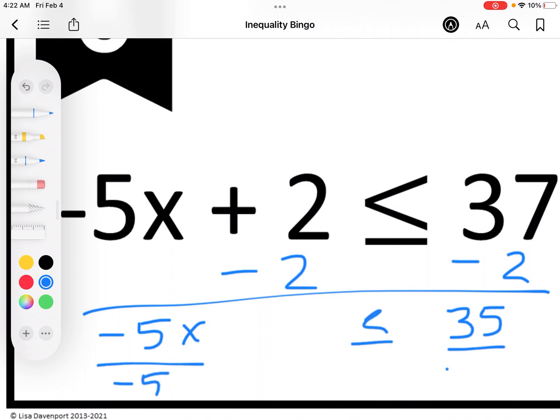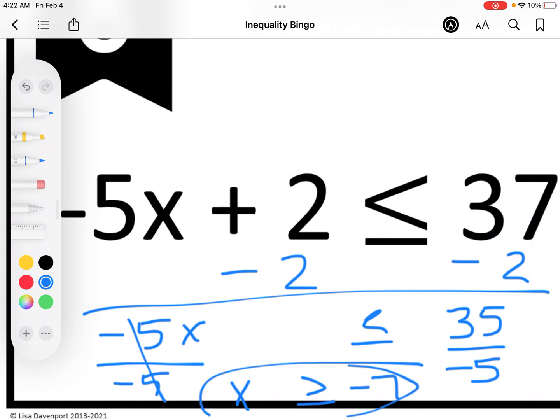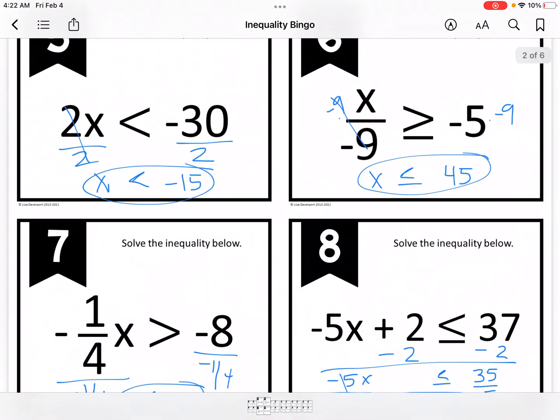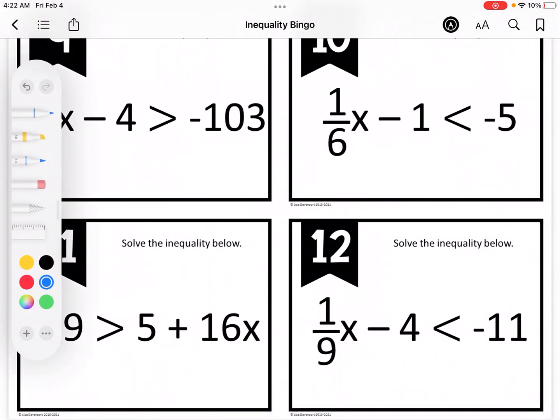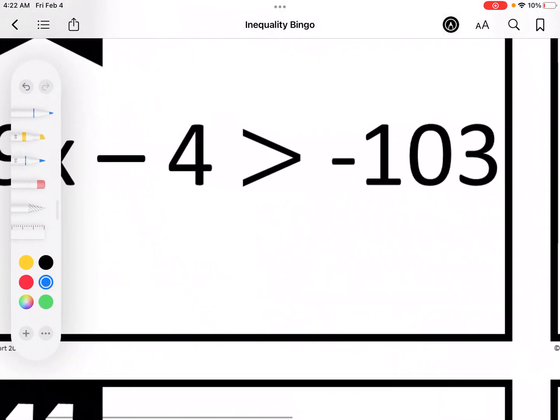And I never reverse until I get to that division or multiplication step. Otherwise, I end up confusing myself, and I would advise you to do the same thing. Don't reverse early because you'll end up forgetting if you've done it or not yet.